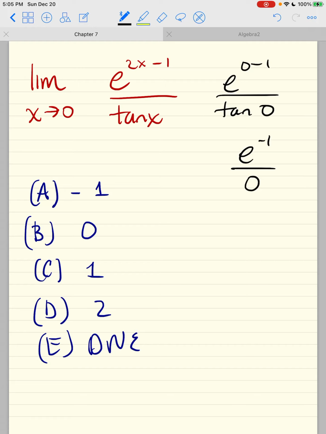I actually have a number over 0, okay? So in this case here, I'm just going to end up with does not exist, okay? So do not start this problem just by taking derivatives. It must be one of those indeterminate forms, all right? So this problem is done. So the answer is does not exist.